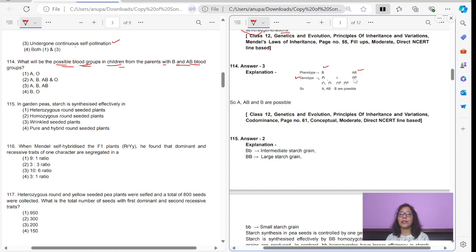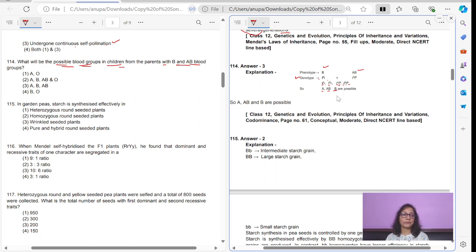When we make a cross between them, we will get genotypes such as IAi, IBi, IAIB, and IBIB. IAi represents A blood group, IBi represents B blood group, IAIB represents AB blood group, and IBIB represents B blood group.